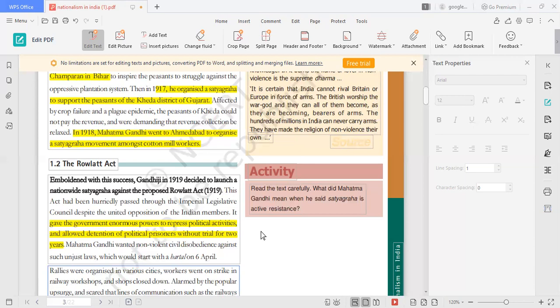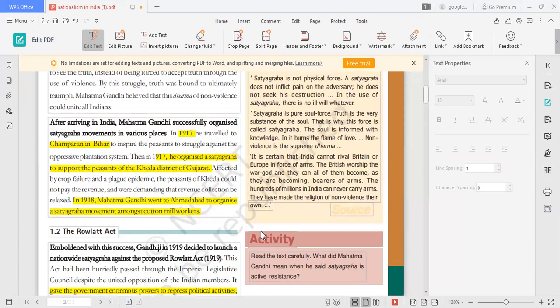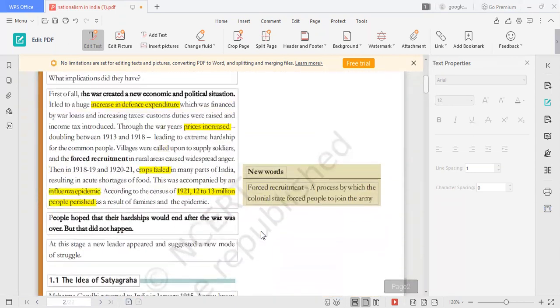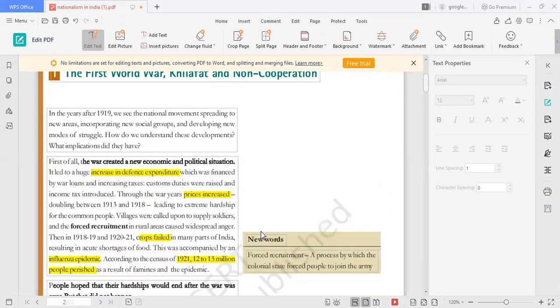In this chapter, we have seen 3 things. First, the new economic and political situations created by the First World War: an increase in defense expenditure, which was financed by the taxes collected in India, and prices doubled, which led to extreme hardship for the common people.